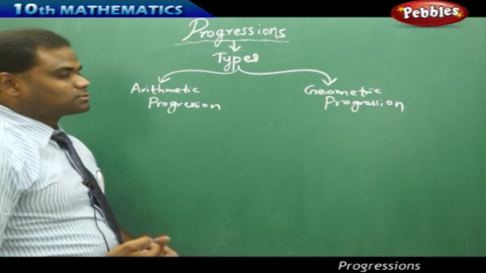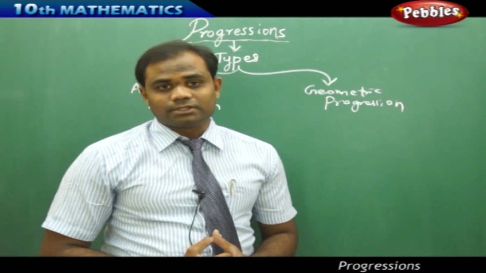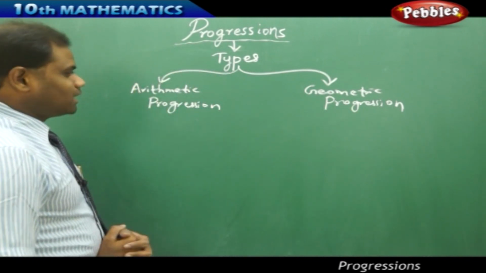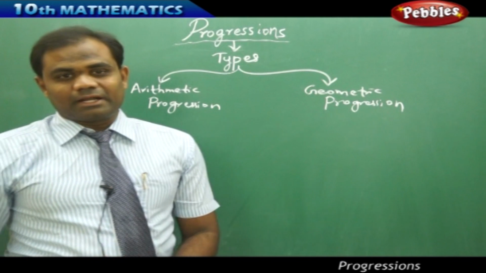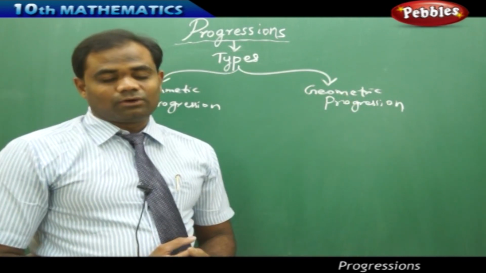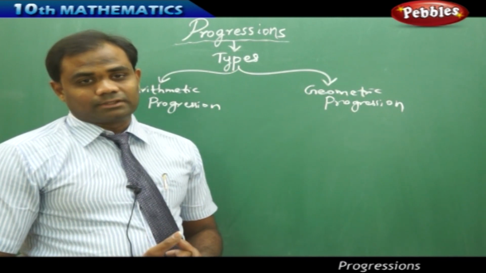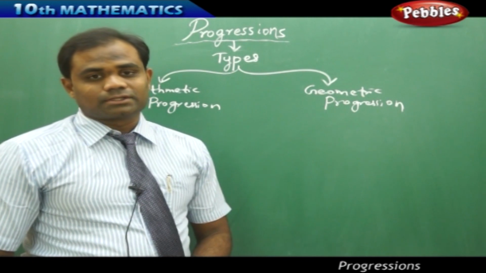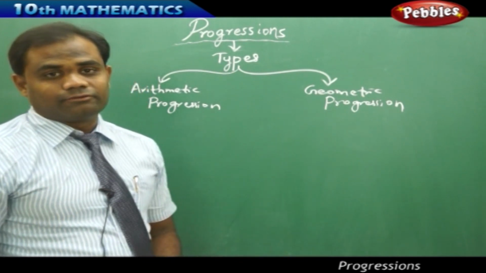So here, as we have identified that a progression is a pattern, therefore arithmetic progression and geometric progression are also different types of patterns with their respective definitions. So let's see each of the progressions in detail with their own definitions.